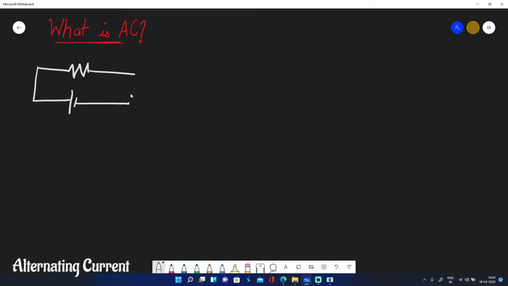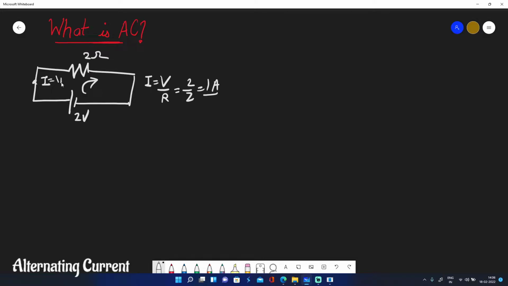This is a cell connected to this 2 ohm resistor. Say this is 2 volt, current flowing is I amperes. If you apply KVL, that is Kirchhoff's voltage law, and Ohm's law in this circuit, you will get I as V by R, which is equal to 2 by 2, or equal to 1 ampere.